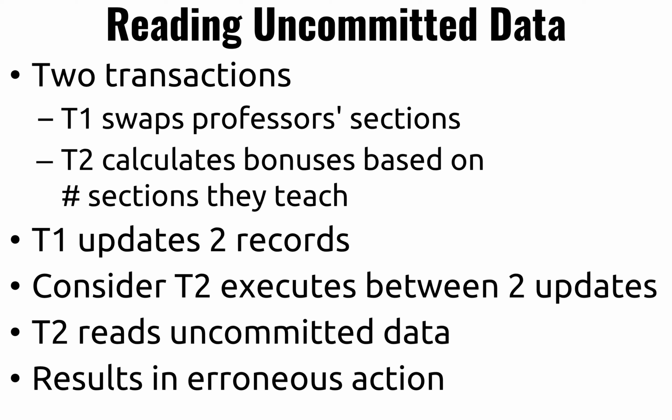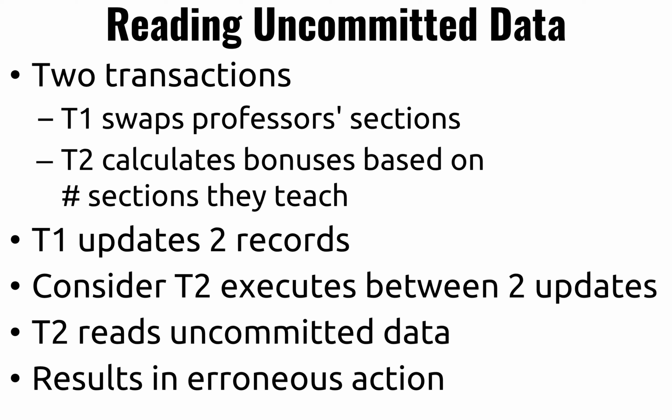Let's first consider some scenarios that can illustrate the things that could go wrong. Here we have two threads running on two different transactions, and they're both operating on the same piece of data. One of them is trying to do one thing, and the other is trying to do a different thing, but they're both reading and writing the same piece of information.